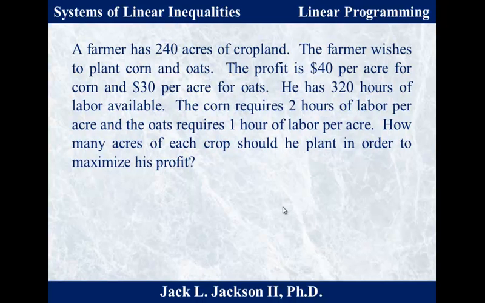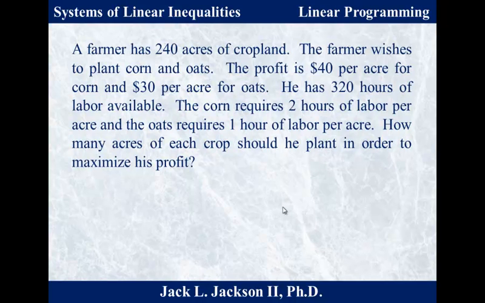Okay, so here's a hint. If we want to use our generic letters x and y, maybe we'll let the number of acres of corn be x, and say oats y, or you could do it the other way around. I did x corn and y oats. And then write down all of the constraints. Write down all your inequalities that give you the restrictions on what x and y could possibly be based on the context of the problem.